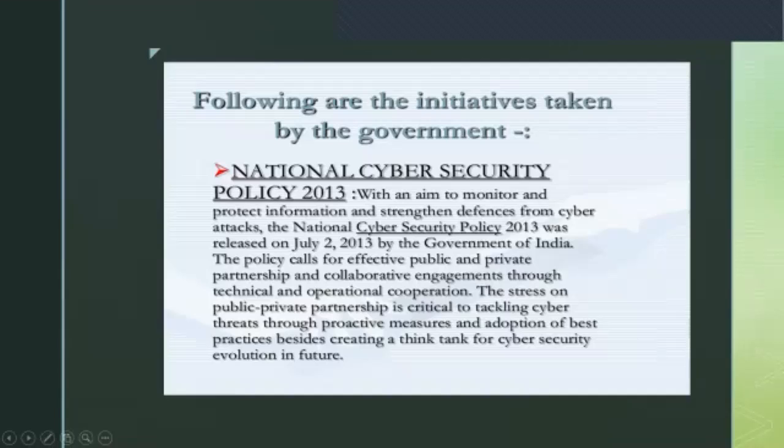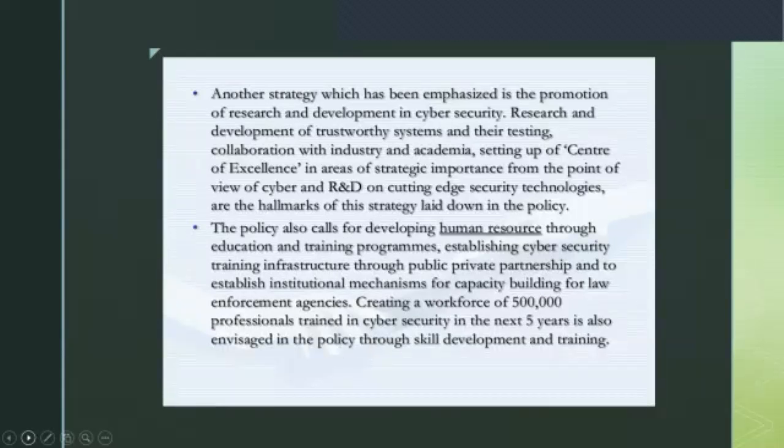Another strategy, what are the different strategies? Another strategy which has been emphasized is the promotion of research and development in cybersecurity. Every day, several people are doing research, several developments are being done to make the cyber security policy robust.